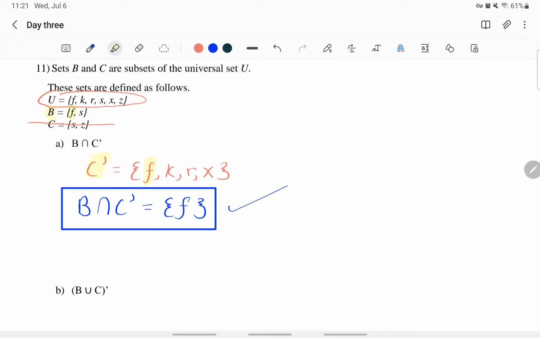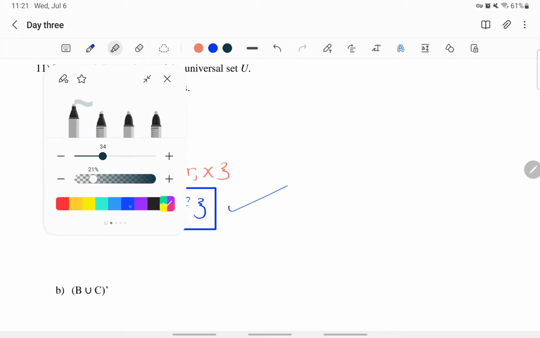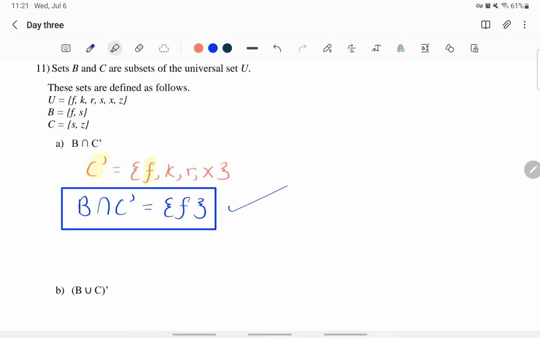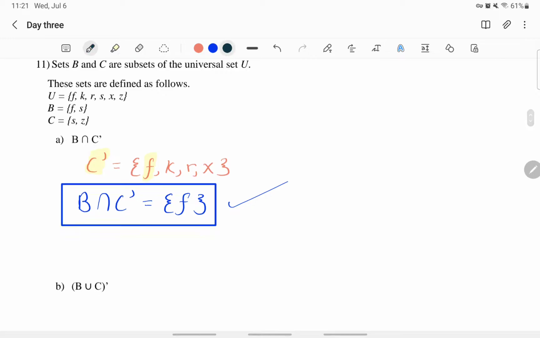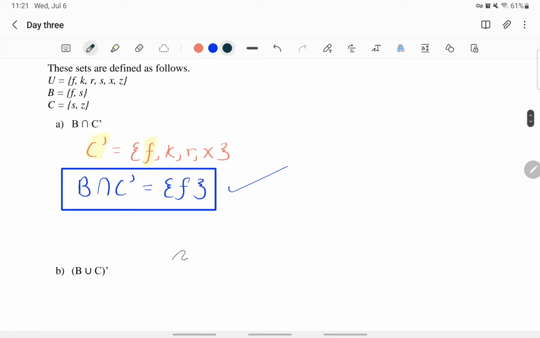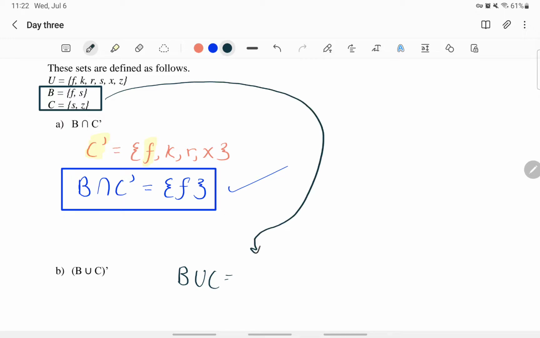For B, we're going to reset the problem. The inside of the parentheses says the union between the two sets. If we're trying to find the union inside of my parentheses between B and C, I want to write that over here actually. The union between B and C. That means we're going to combine these two sets together to make one overall gigantic set.